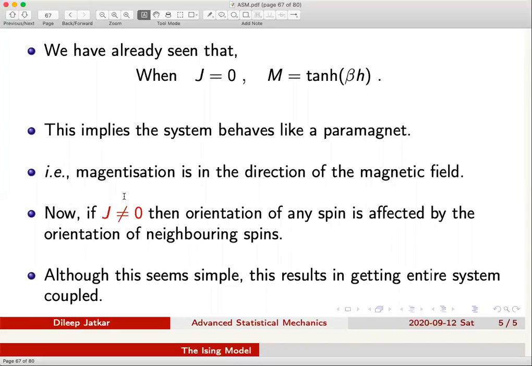Now these 2d neighbors are going to affect how this particular spin would behave, because this spin would try to lower its energy with respect to the configuration that the 2d neighbors have. Of course, it is not only these 2d neighbors that are affecting this particular spin.